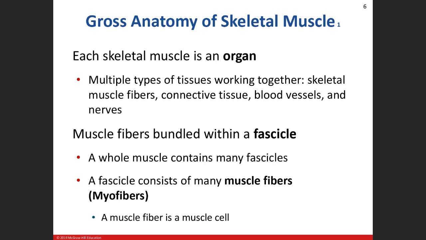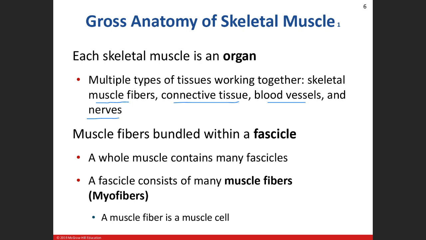Remember, a definition of an organ is a structure that is made up of several different tissue types that perform some functions. Well, if you look up here, you can see we've got muscle fibers, connective tissue, blood vessels, and nerves. Those are different tissue types. And we throw them all together. Now we have our organ, our skeletal muscle organ.